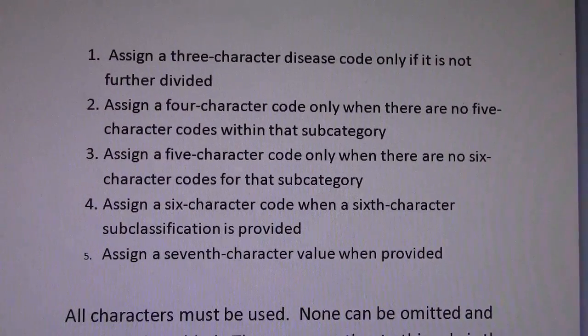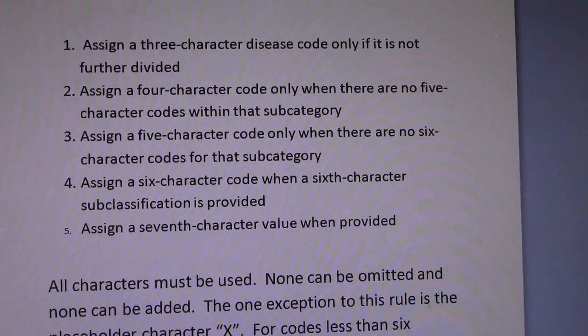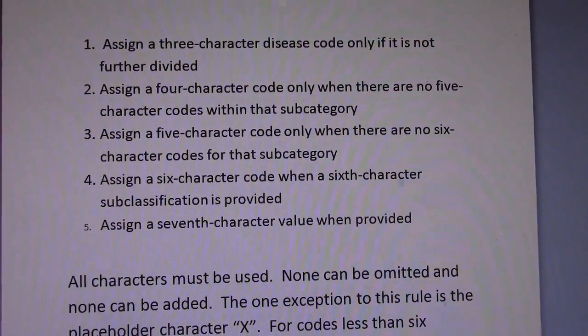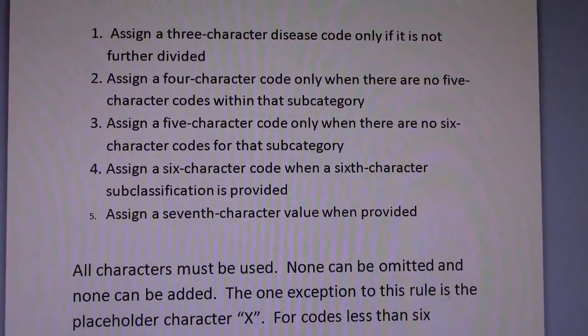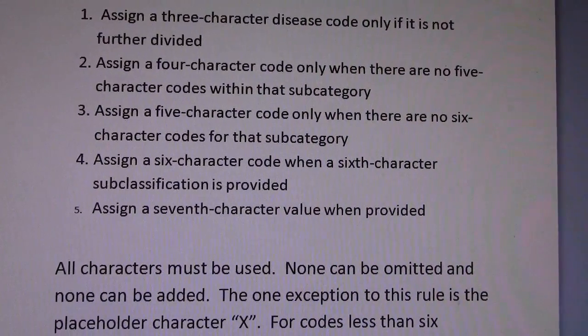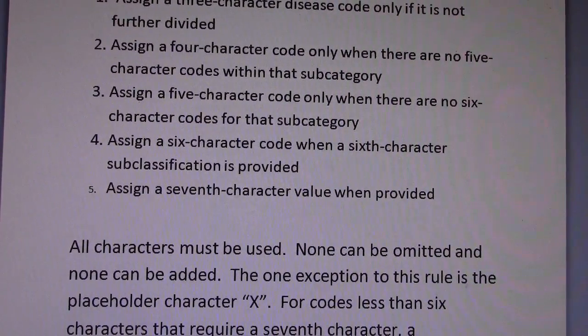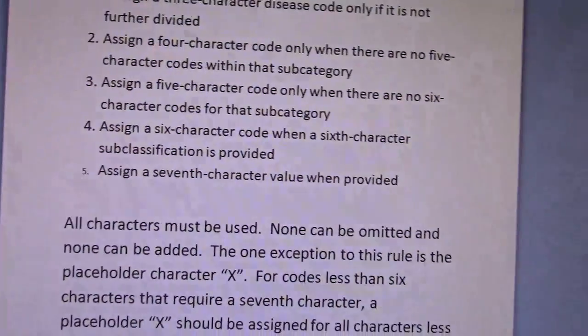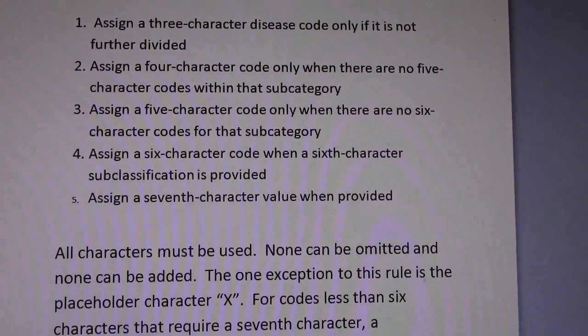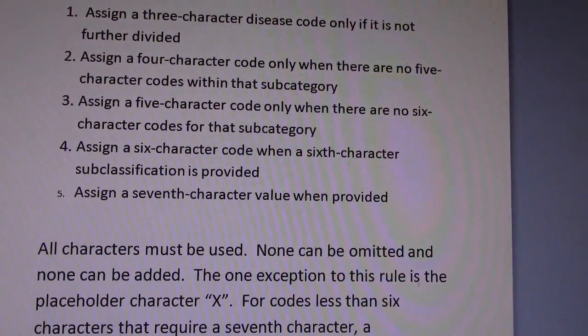Number 3, assign a 5-character code only when there are no 6-character codes for that subcategory. And number 4 says assign a 6-character code only when a 6-character subclassification is provided. And number 5, assign a 7th character value when provided.